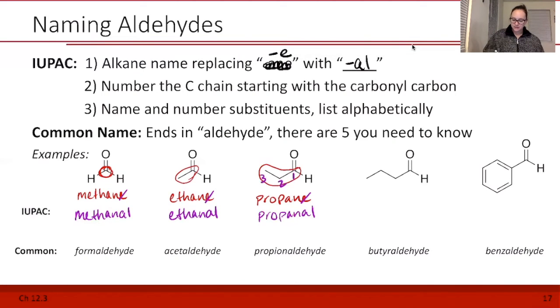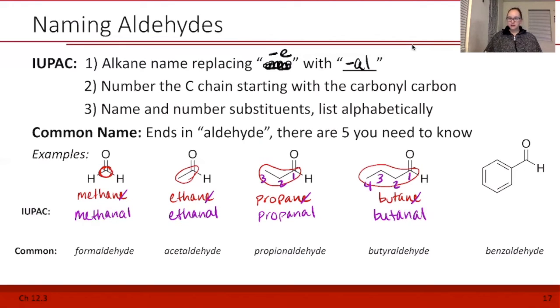Okay, let's do this next one. We have our 4 carbon chain, 1, 2, 3, 4, so that would be butane. We drop that E and add AL instead: butanal.